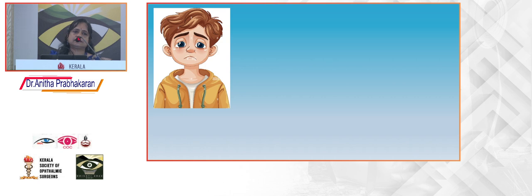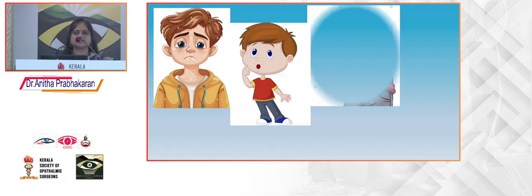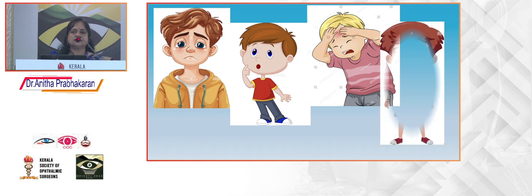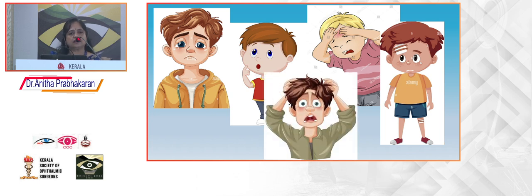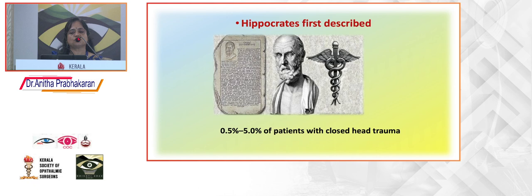On detailed history taking, he denied any history of trauma to the eye, but on repeated questioning, he remembered that he had sustained some trauma to the forehead, just above, at the supraorbital region. Both he and we PGs were quite upset that we had no treatment to offer.